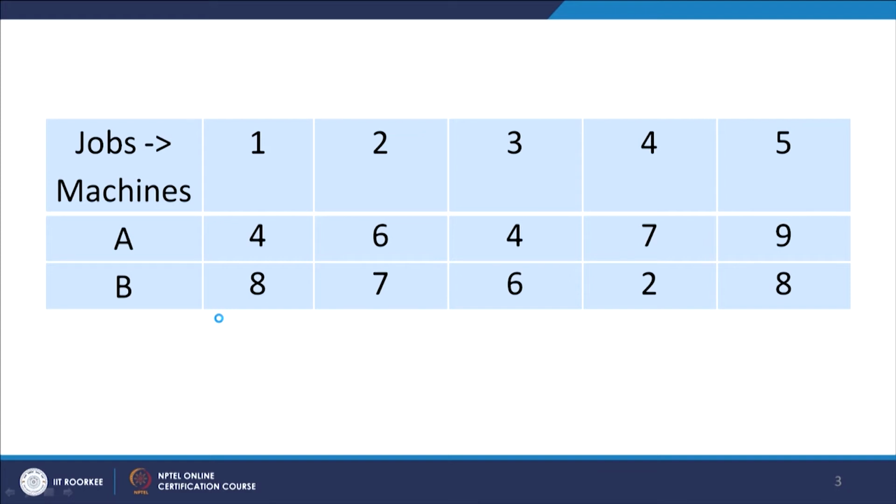Now, we have to solve this sequencing problem. The reason why I have taken this example is that in this case we might find a tie, and I will be telling you how to take care of the ties.